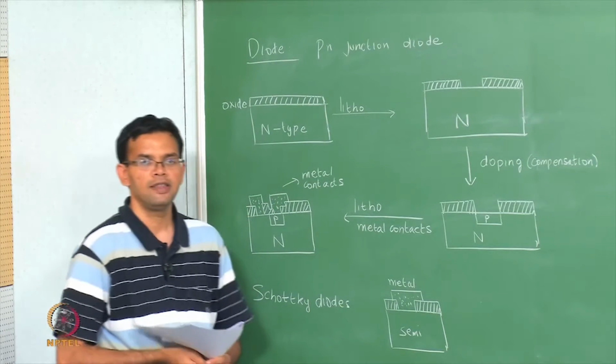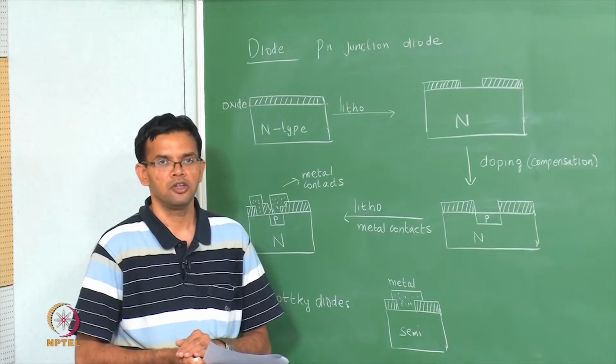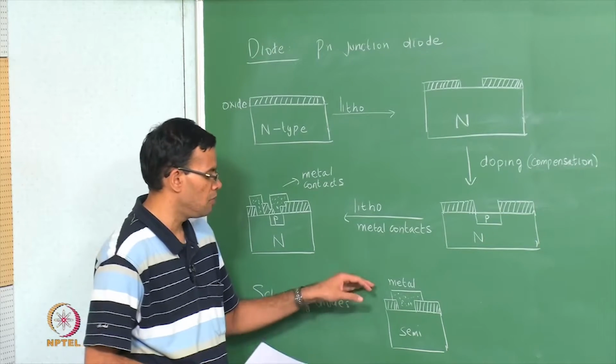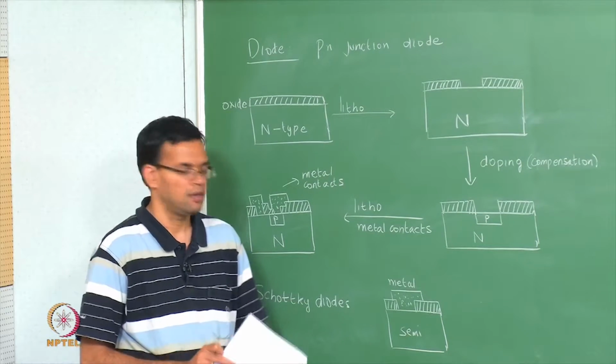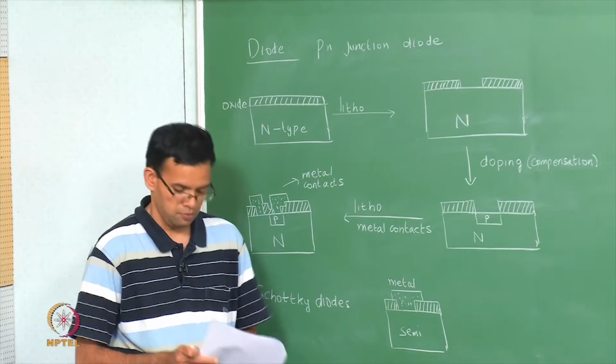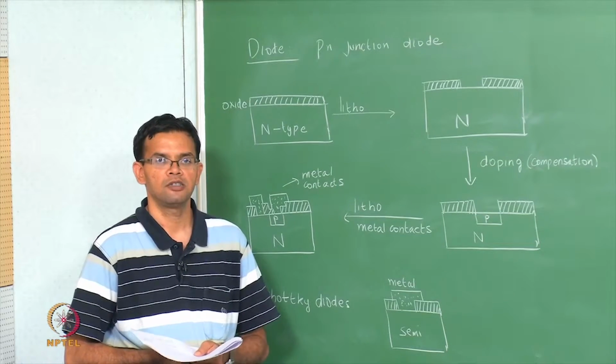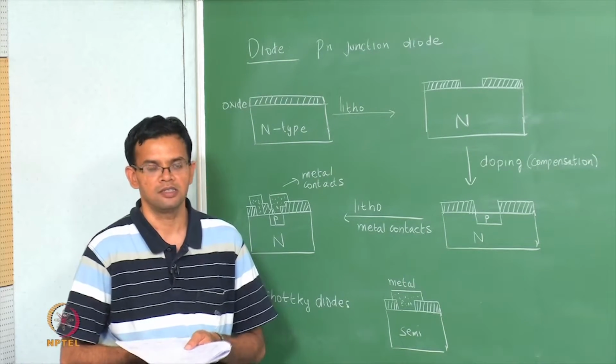I am not showing the electrical connections here, but we can once again imagine that you can make electrical connections to the metal and the semiconductor, and this junction here is essentially a Schottky junction. Let us next look at some examples of how to fabricate transistors.